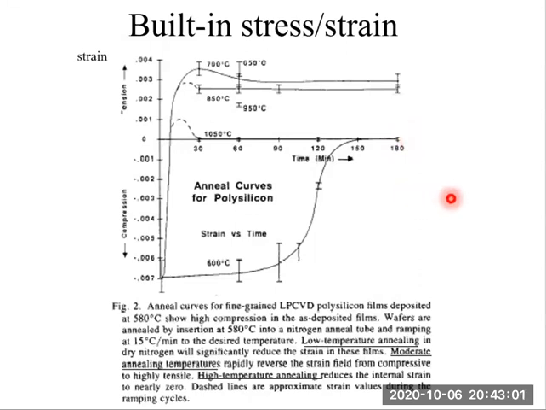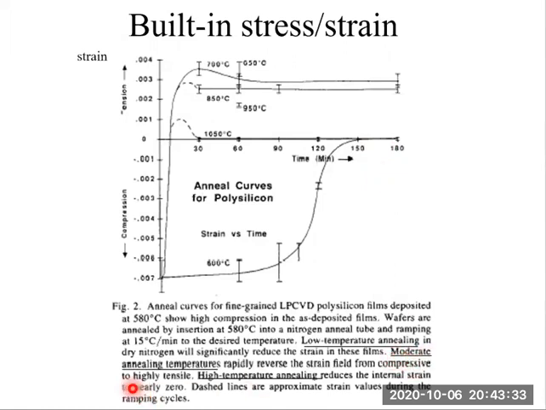We can observe that low temperature annealing, for example this curve, probably 600 degrees C, will reduce the mechanical strain of polysilicon to almost zero within 2.5 or 3 hours.